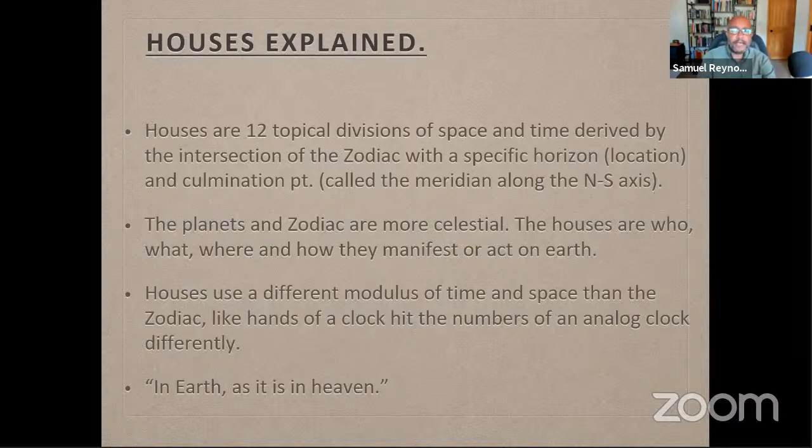You will likely say it's 1:05, because the modulus for the little hand changes in increments. So you can think of the houses more like the little hand, the short fat one, and the big hand is more related to the zodiac. The modulus, the ways by which we understand things in more minutia and specificity, is derived more from the houses.